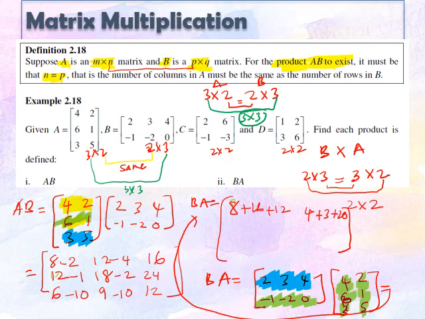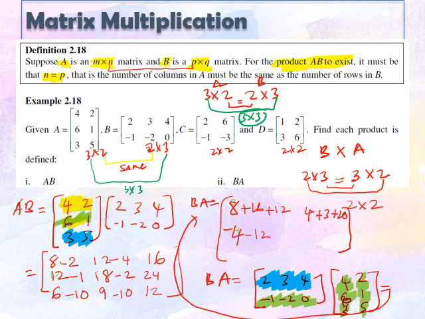So negative 1 times 4 is negative 4. Negative 2 times 6 is negative 12, and 0 is 0.